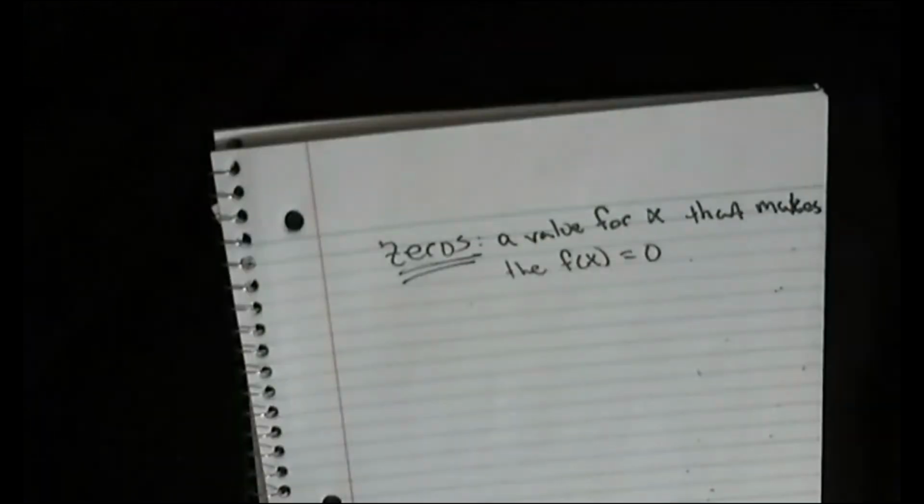Typically, when you're trying to solve a function, this is what we're looking for. So a zero is specifically a value for x that makes the whole function f of x equal 0.